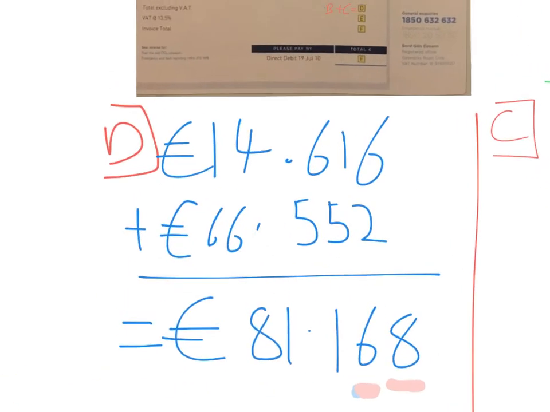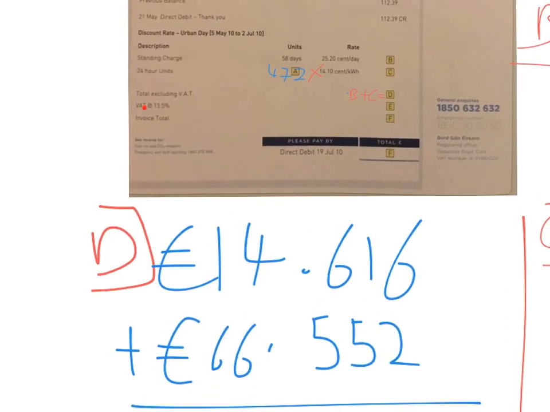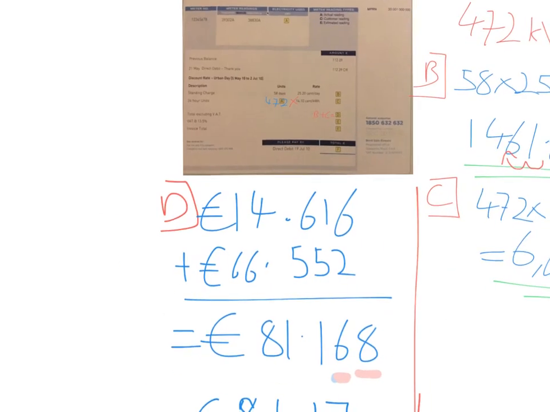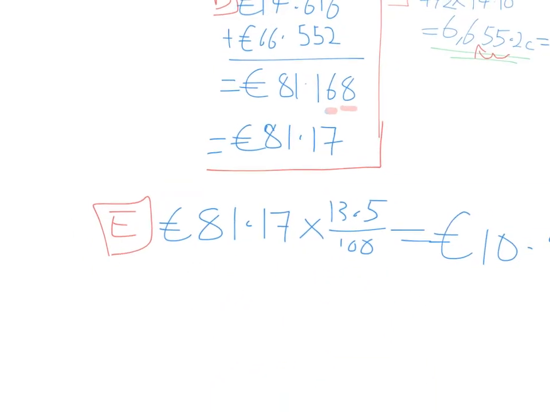And then for F, the very last thing they want us to do is to find the invoice total. So an invoice just tells you how much money somebody owes. So to figure that one out, we're going to have to figure out how much money they owed for electricity, which we said was 81 euros and 17 cents.